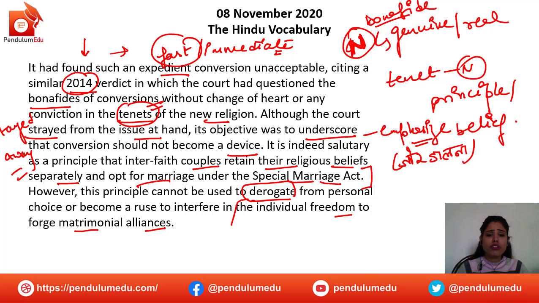The Special Marriage Act is there for such people who wish to have interfaith or intercaste relationships or marriages. So this should not be used to derogate, that is to disparage or disrespect the personal choice of people.